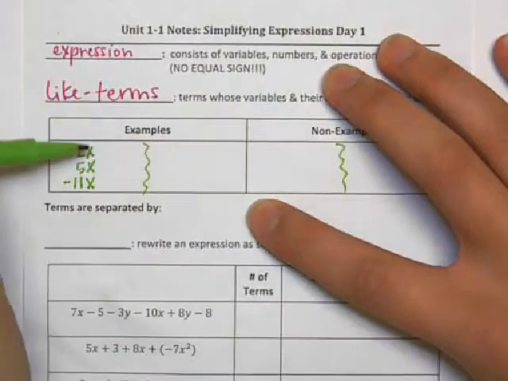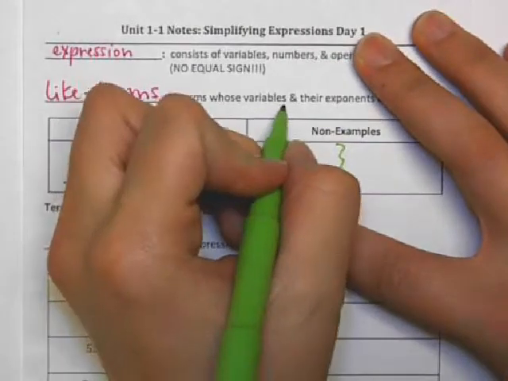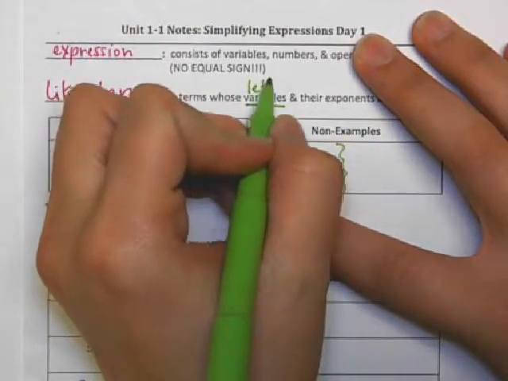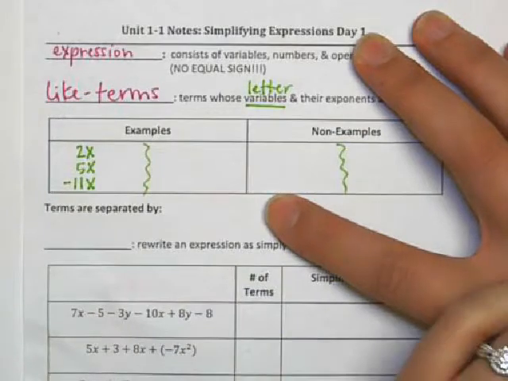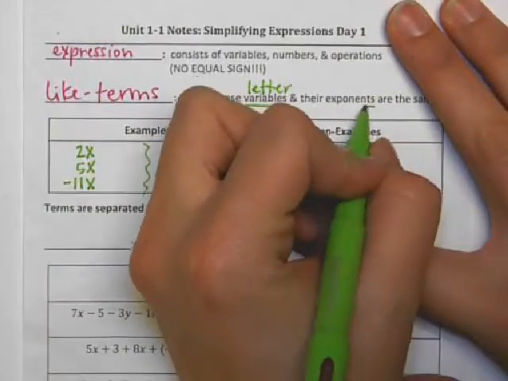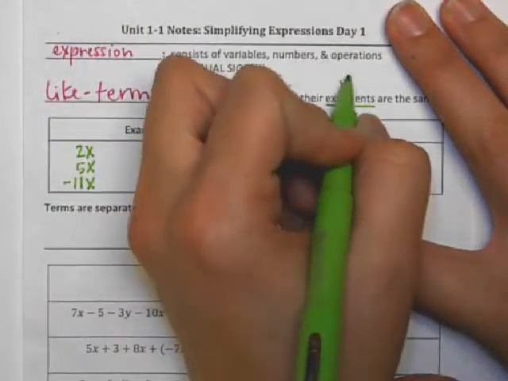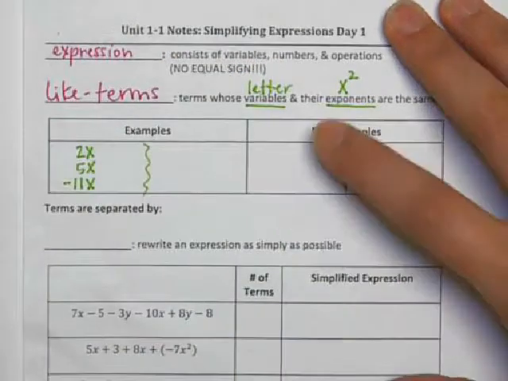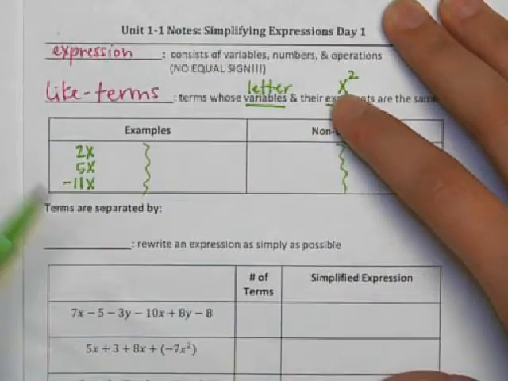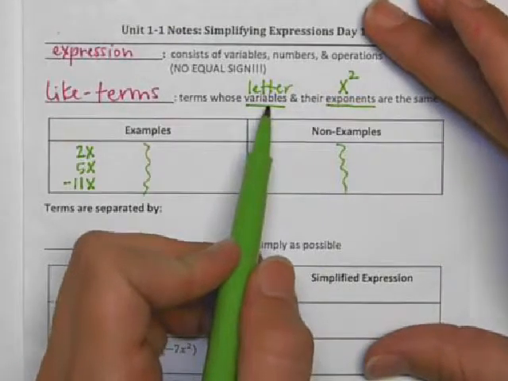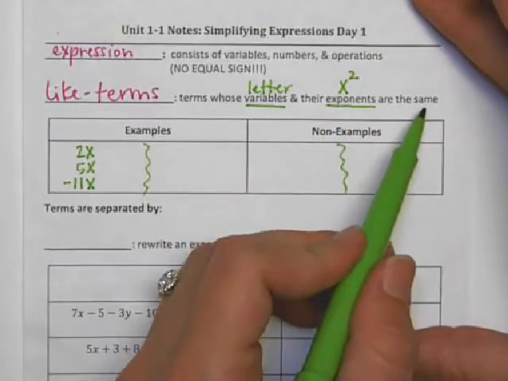They all have the same variable. Remember, variable is a letter, any letter, and an exponent is the little number above the letter. So that little 2 up there, that would be an exponent. So a like term is a letter and exponent who are the same.